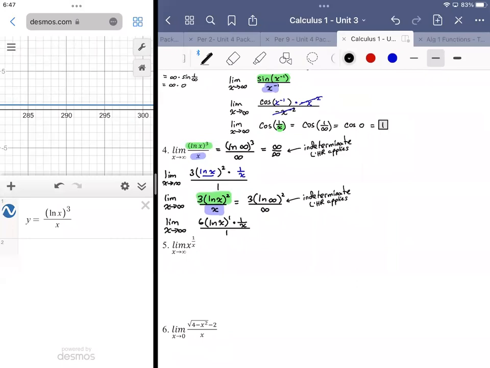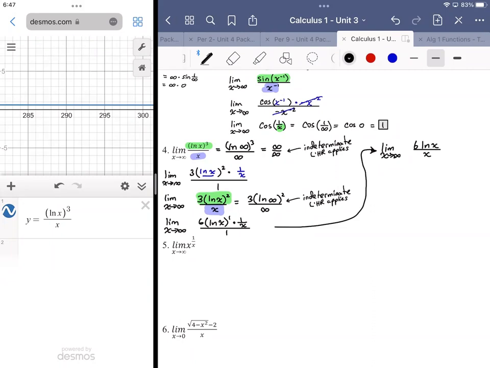Now, if I clean that up, I'll be looking at the limit as x approaches infinity of 6 ln x over x. So I was able to reduce my powers by differentiating. Right?